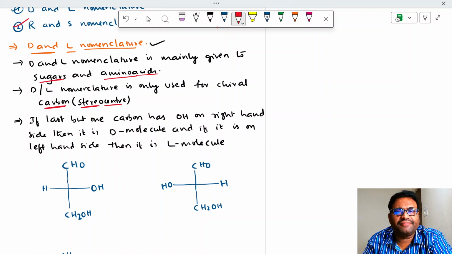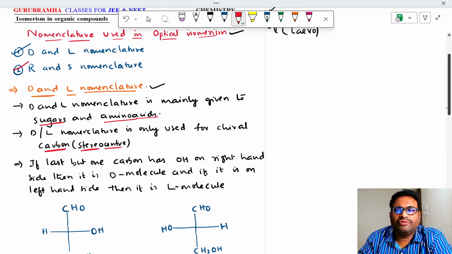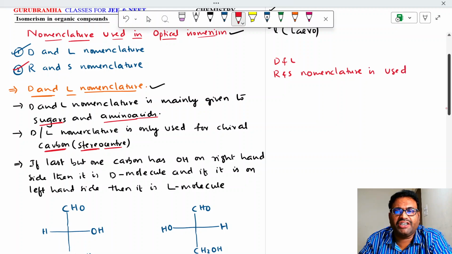Not only D and L nomenclature we use at stereo center, R and S nomenclature is also used at stereo center. What is that? Chiral center especially. Here you can write D and L, R and S configurations or nomenclature is used or written at chiral center.